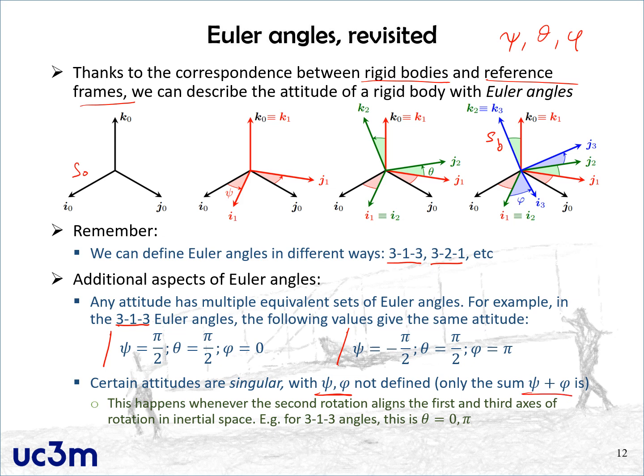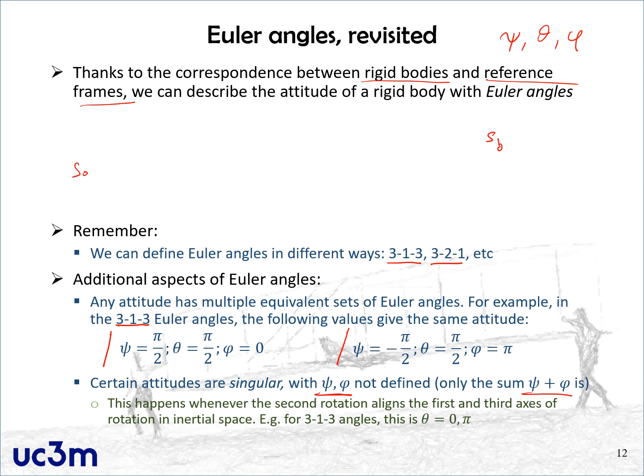Again, this is not an issue when we are using Euler angles just to describe the attitude of a reference frame, but it means that the solution of your Euler angles for that particular attitude is not unique, and actually if it's singular, you have a continuum of possible values of the Euler angles that give you the same attitude. All right, and that can have some problems when integrating and when working numerically with Euler angles.